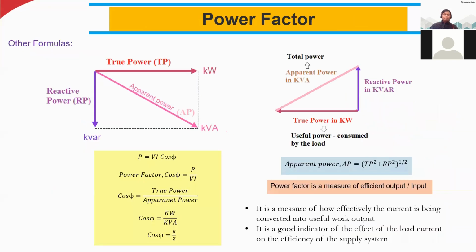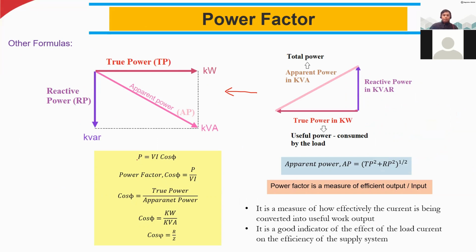Output divided by input. So we also have some other formulas for power factor. You can see here the same, I just wrote in this way. So true power, we have the reactive power, the total of true power plus reactive power, that is the apparent power, the total power.